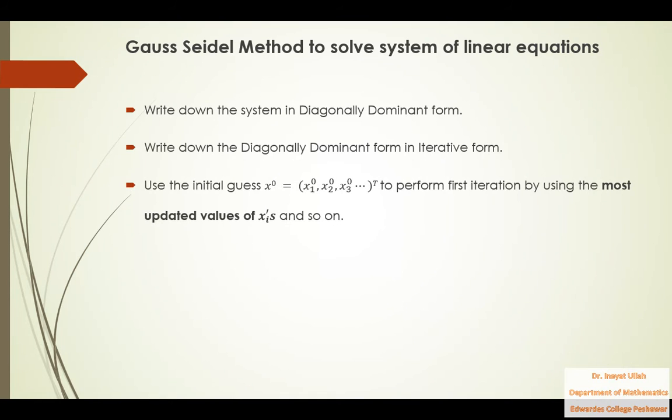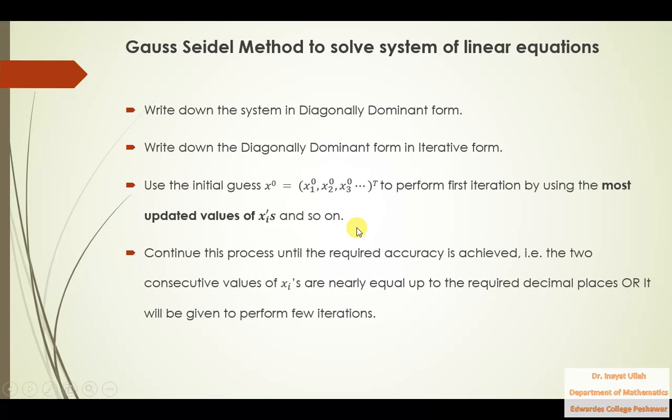And the third is that an initial guess will be given to you to perform the different iterations, but in this case we need to use the most updated values of xi's. That is the difference between the Jacobi and Gauss Seidel methods: in Gauss Seidel we use the most updated values of xi's, and continue the process until the required accuracy is achieved.